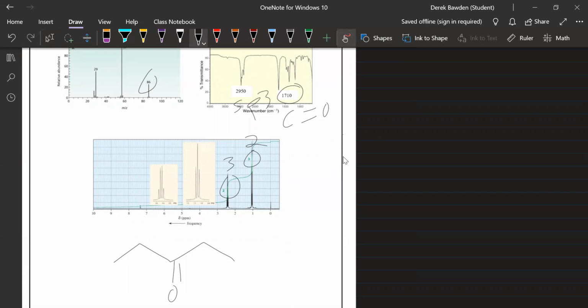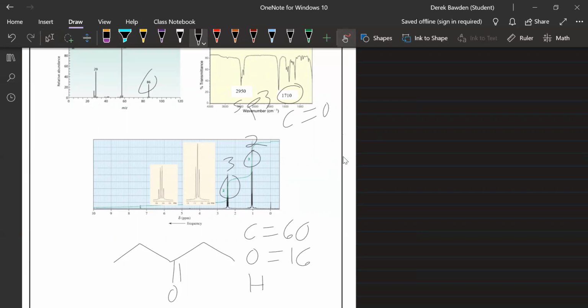Now we have 10 hydrogens, 1 oxygen, and 5 carbons. Let's see if that adds up to 86. We have 5 carbons, so 5 times 12 is 60. We have oxygen, which is 16.